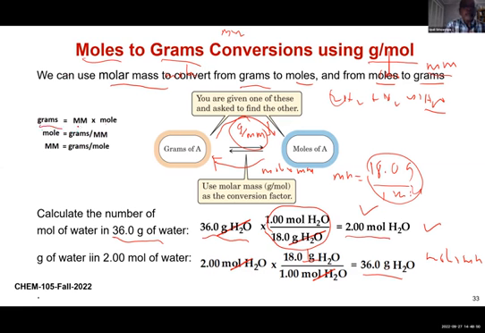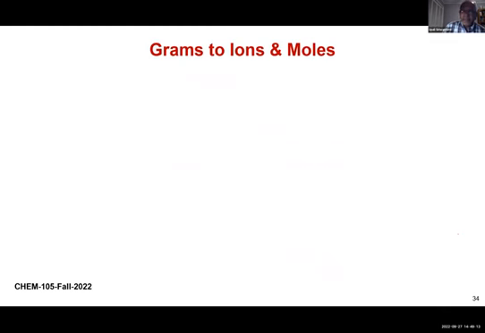To get the grams, molar mass times moles. Moles times molar mass. That's how you get grams from moles. These are pretty easy calculations.